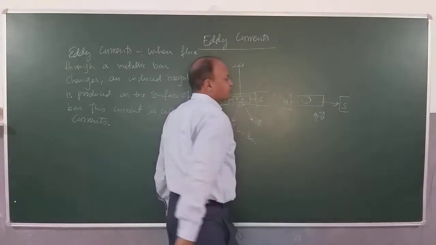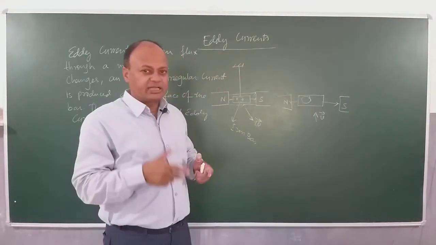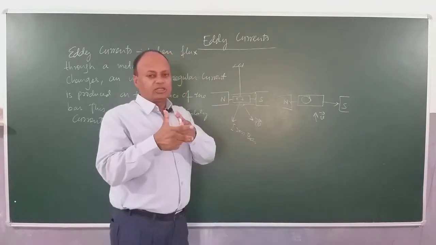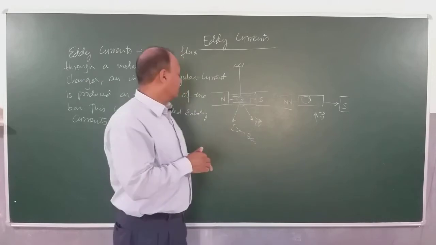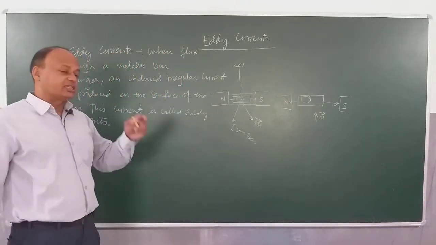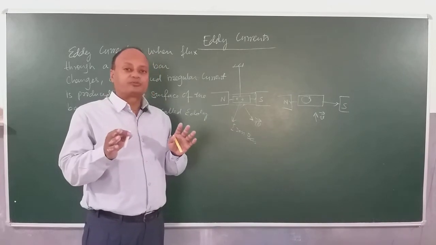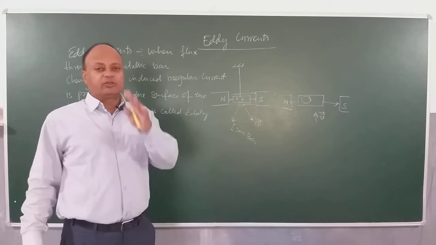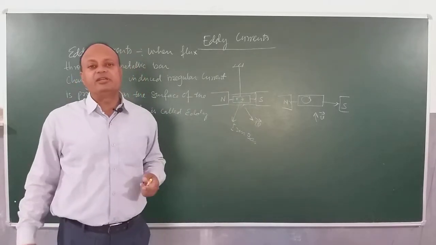So current is always perpendicular to the magnetic field lines, and you know also by right hand rule that all the three parameters will have to be perpendicular to each other, then only current will be induced, right? So define these eddy currents. Remember, these are surface currents and they don't have a clear path to follow. They will be flowing randomly, but the only basic property which you have to keep in mind is they will be perpendicular to the plane containing the magnetic field lines.